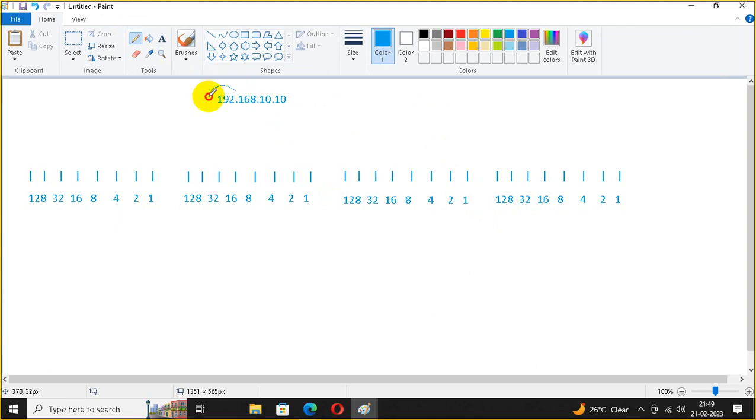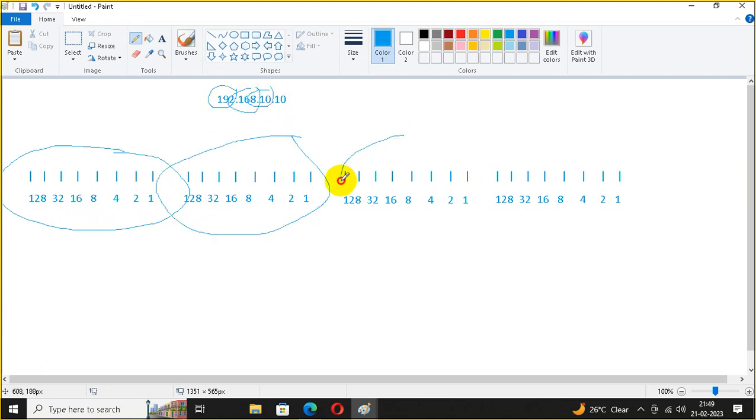Can we make 192 from this table? Can we make 168 from this table? Can we make 10 from this table? Yes or no? Yes.